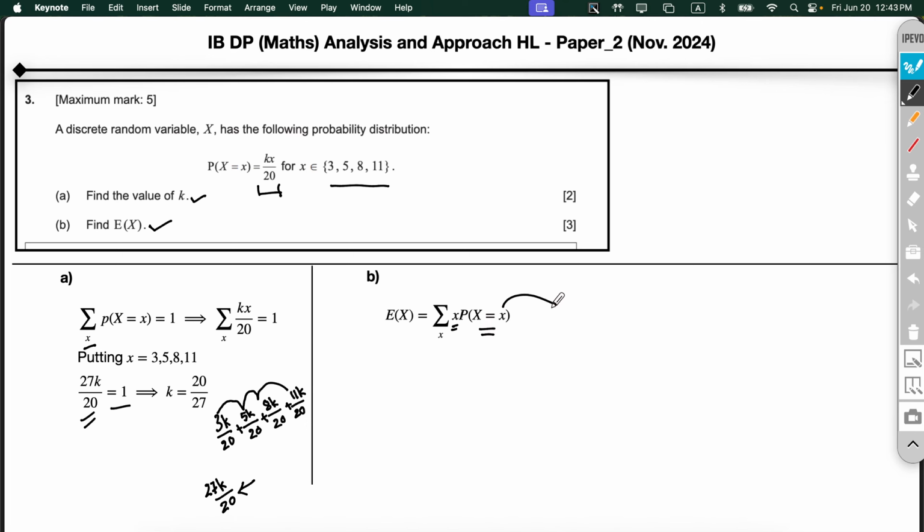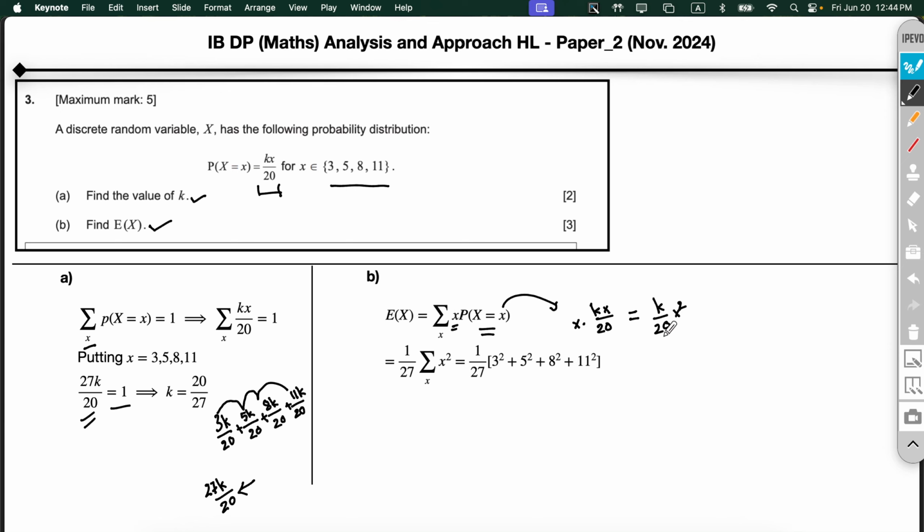So the probability of x is kx divided by 20, and you multiply the value of the variable to this probability to get the expectation value. So this is k over 20 times x squared, and here we sum over again 3, 5, 8, 11.